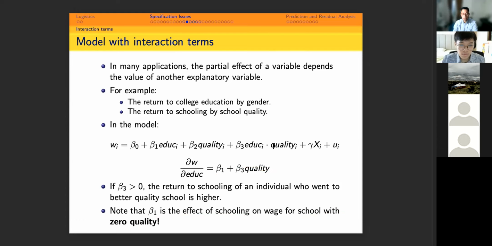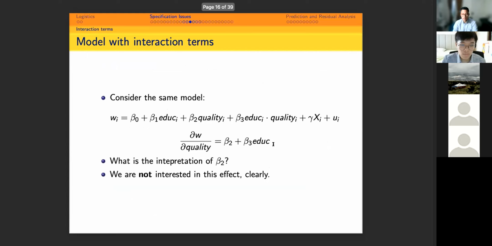Now I'm going to provide you with another illustration. So consider the same model, but what I'm going to do here is take the derivative with respect to quality. So we'd like to know whether or not the effect of school quality increases by years of education.